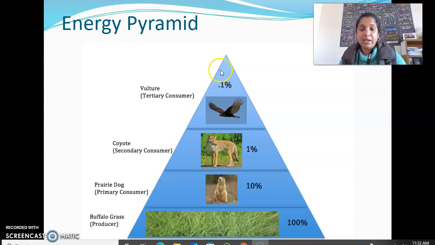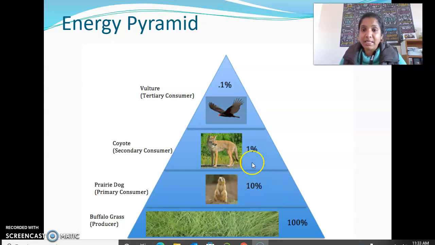So in the energy pyramid, this is how much energy will be stored at the base. We can see the base is larger, which will hold nearly 100% of the energy. But when the energy jumps from one trophic level to another trophic level, it gets reduced.